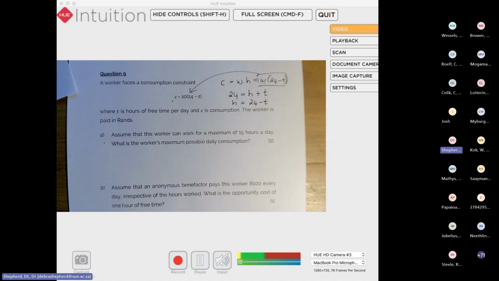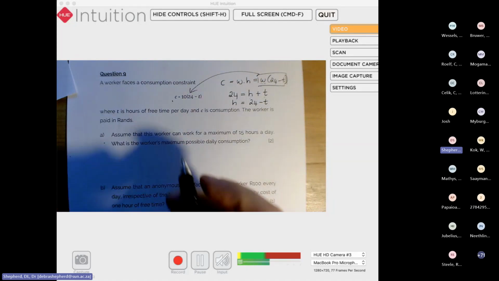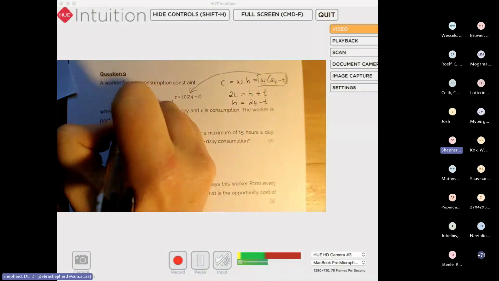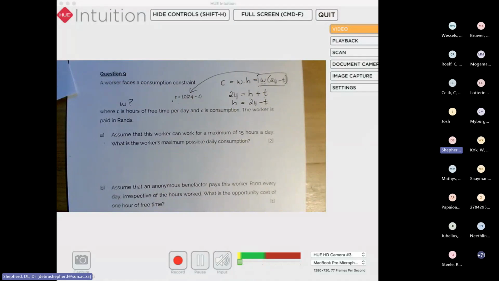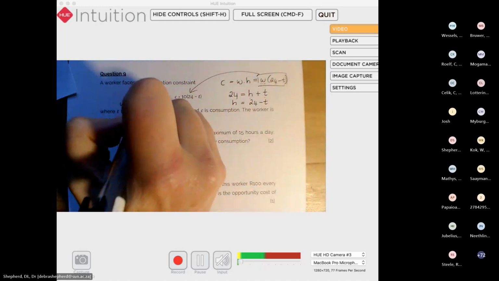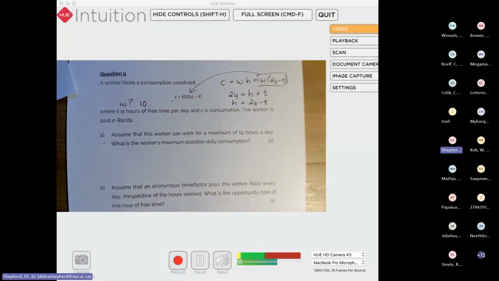So if you know that information now, what is the wage rate that this person is paid per hour? Based on that consumption constraint, what is the wage rate that they are paid per hour? 10. Great. Okay, so that's where that constraint comes from. Let's assume that this worker can work for a maximum of 15 hours a day.